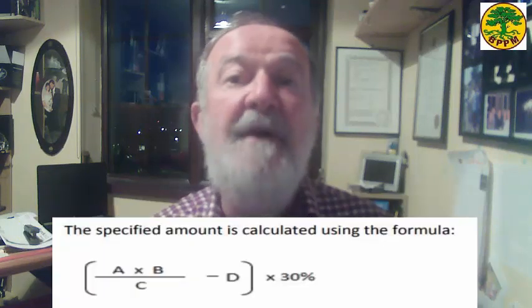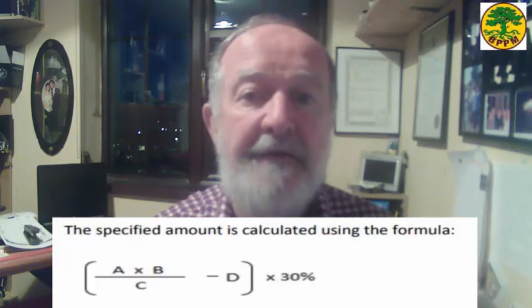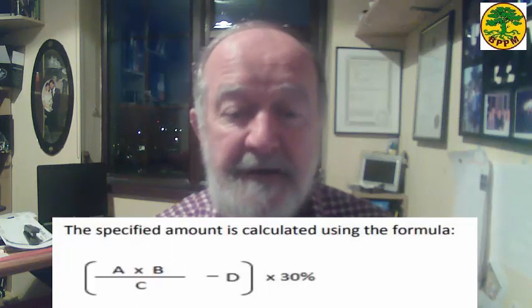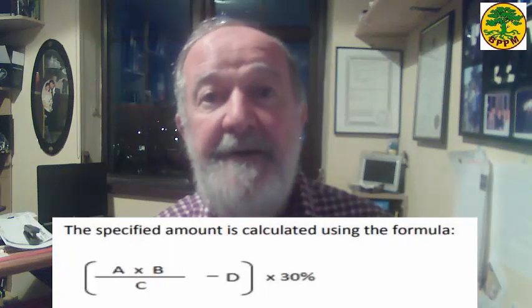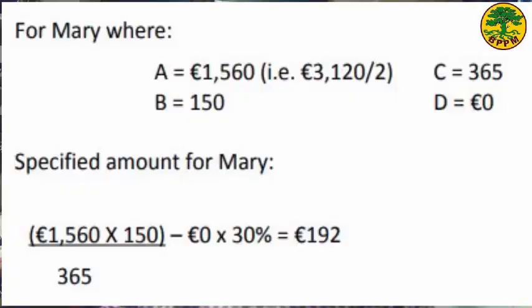Neither Mary nor Tom receive a daily remote working allowance from their respective employers. The specified amount is calculated using the formula A multiplied by B divided by C, minus D, multiplied by 30%. For Mary, A is equal to €1,560, that is €3,120 divided by 2, B is equal to 150, C is equal to 365, and D is equal to 0.